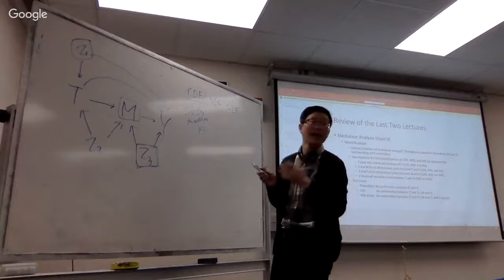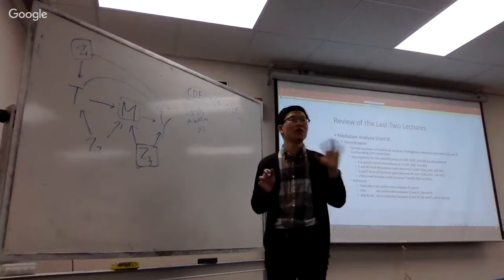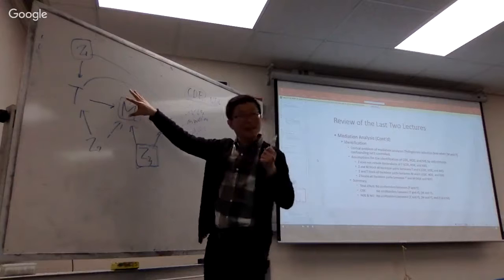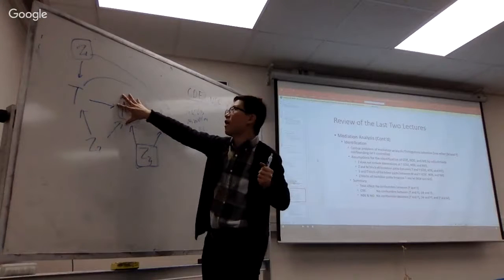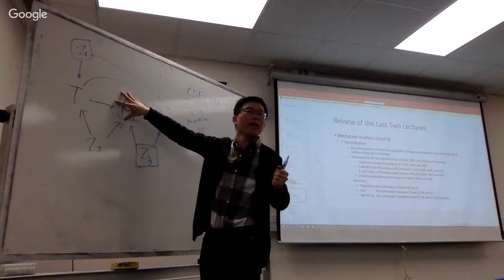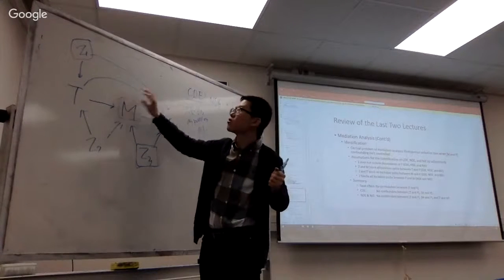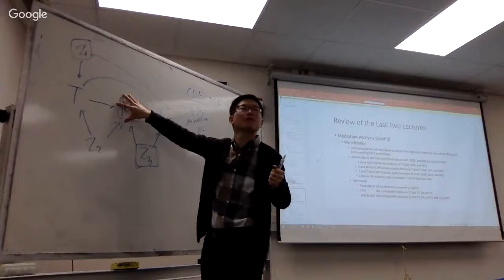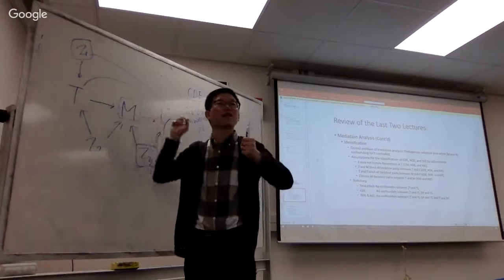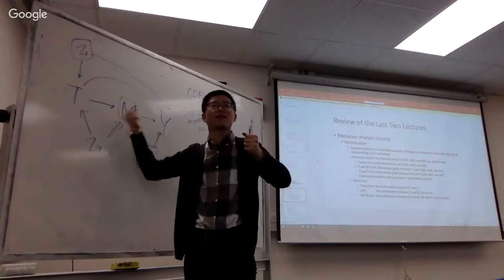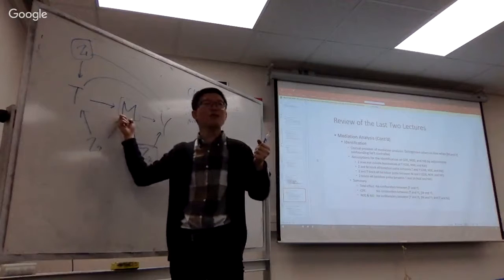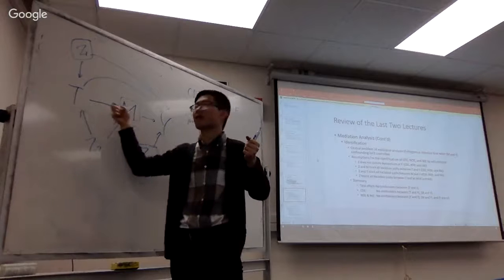But for NDE and NIE, things are a little more complicated. In NDE and NIE, you are not arbitrarily setting the level of M, right? You are just looking at the potential outcomes and then subtracting the predicted value from the other, right? But this is based on the assumption that this path is identified, right?